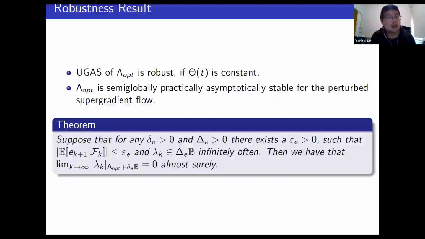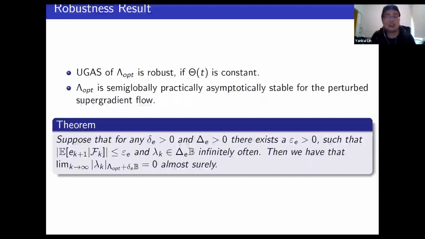So the theorem is stated below. Suppose that for any positive delta E and big delta E, there exists an epsilon E such that the norm of the expectation of the supergradient error is bounded by this epsilon E for all k. And lambda k belongs to this set, so it's a ball.